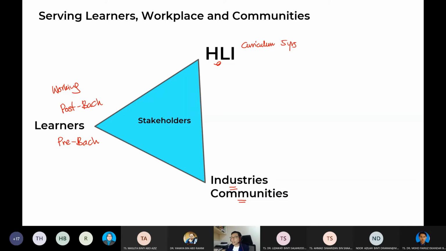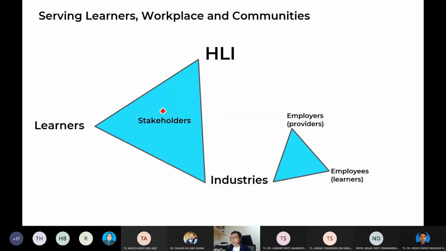So now, we can have something like this also. We can have our traditional learners, higher learning students, and then industries are also trying to do micro courses where they have their learners here. They have their own providers of teaching, their own lecturers in that industry, and they are also providing micro courses here.